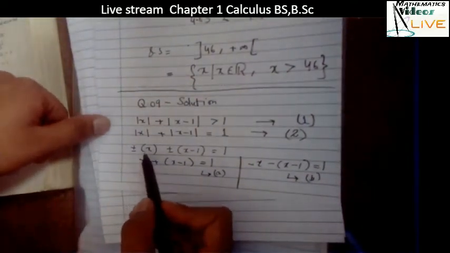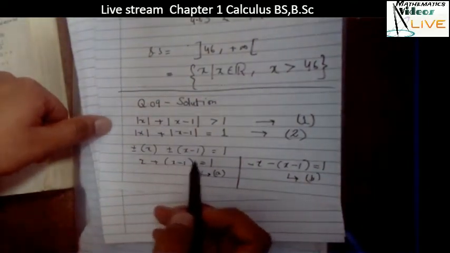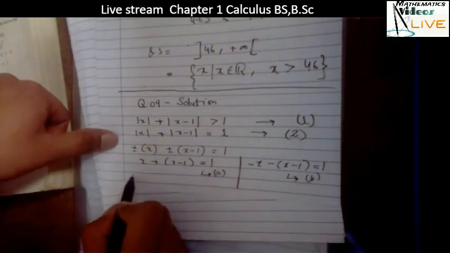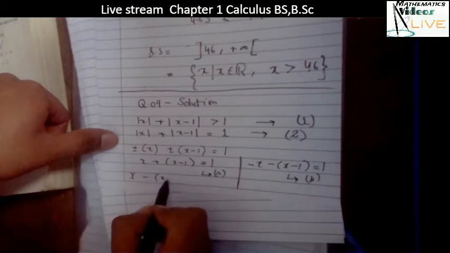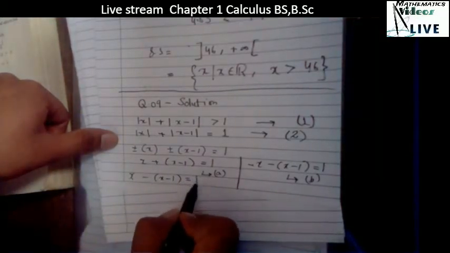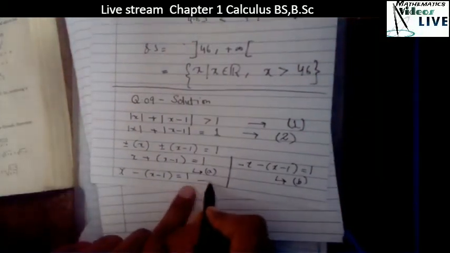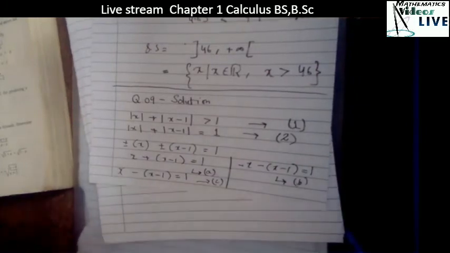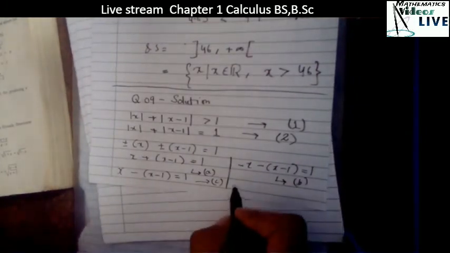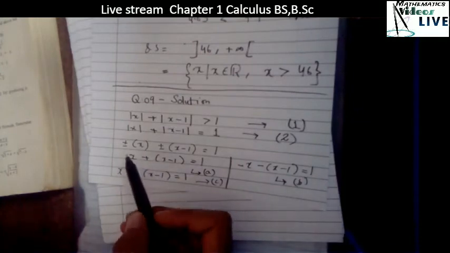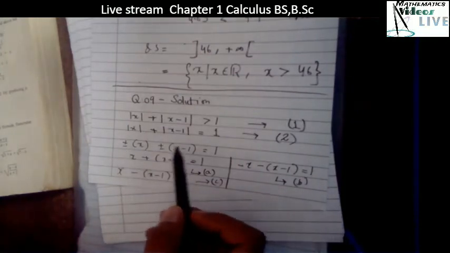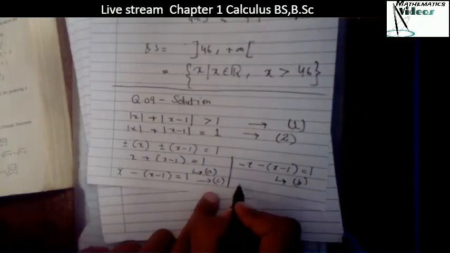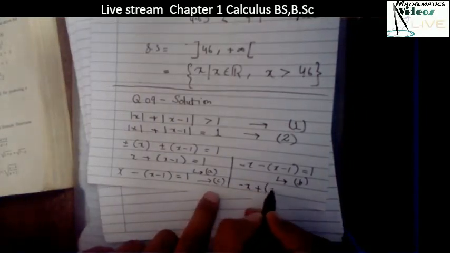Take plus sign from here and plus sign from here. You get the equation x plus x minus 1 is equal to 1. This is the first equation. Name it equation A. Similarly, take minus from here and minus from here. You get minus x minus x minus 1 is equal to 1. Name it equation number B.